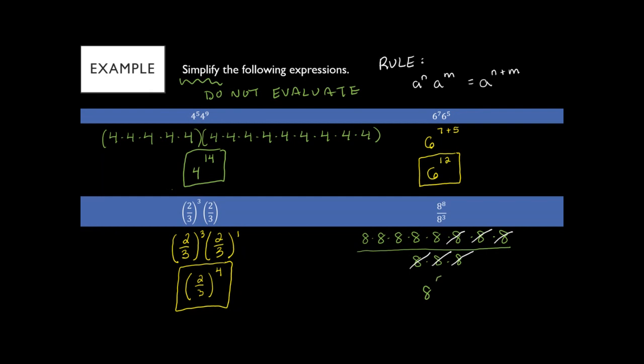So this is equal to 8 to the 5th, because we have 5 8s left over. And this gives us another rule, because if you notice, on top we have 8, on the bottom we have 3. We basically removed 3 8s from the existing 8 8s, so we're subtracting 3. So we could subtract the exponents to get our answer here, top minus bottom.